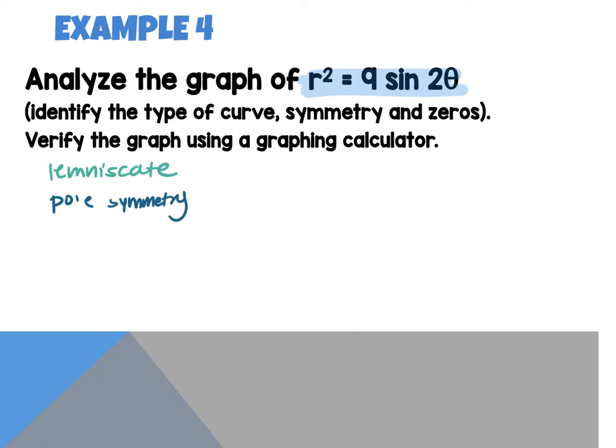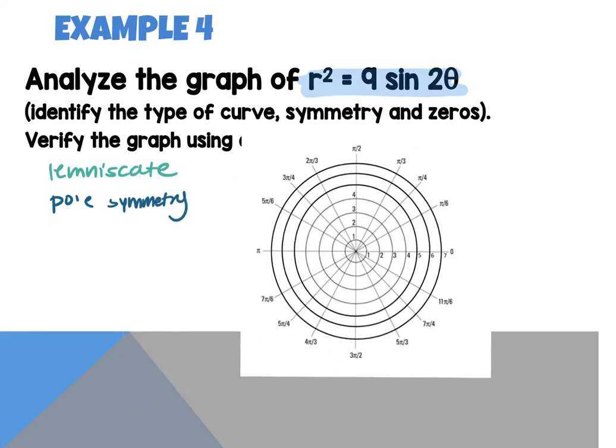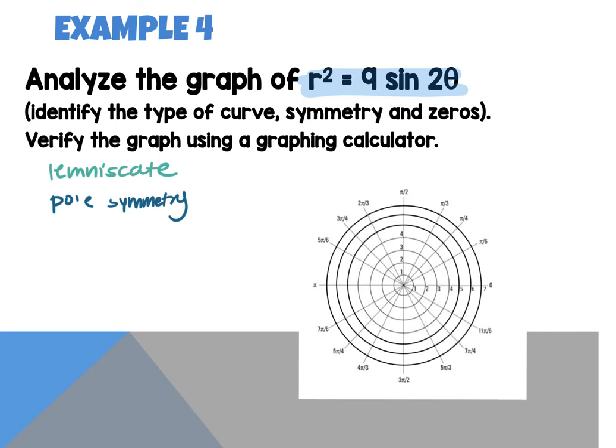So now I know I want to pull in my graph. I want to figure out where my largest loop is, right? And I get that from the term on the front being square rooted. So if a squared is 9, then a is 3. So the largest point out from here is 3.